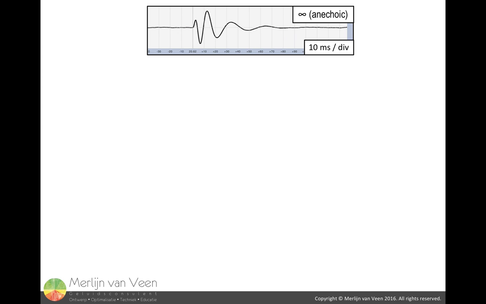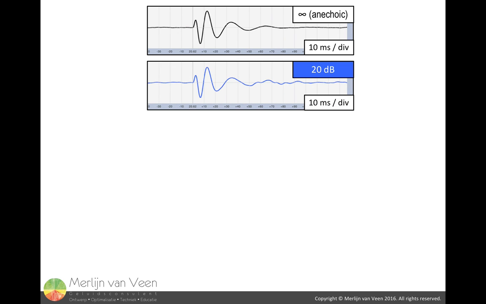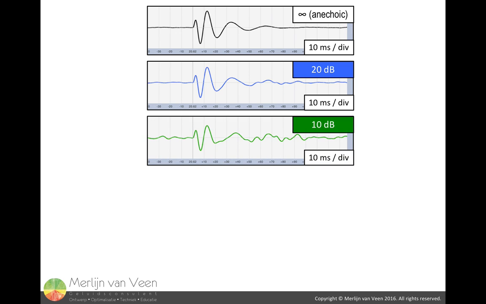However, if we reduce the direct to reverberant ratio to 20 decibels, we can see some irregularities along the way in the impulse response. And if we reduce the direct to reverberant ratio even further to 10 decibels, we can see even more irregularities in the impulse response caused by late arriving energy.